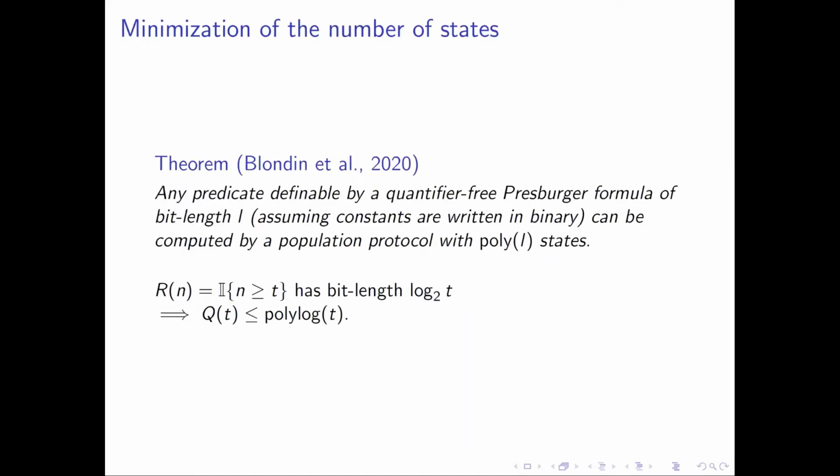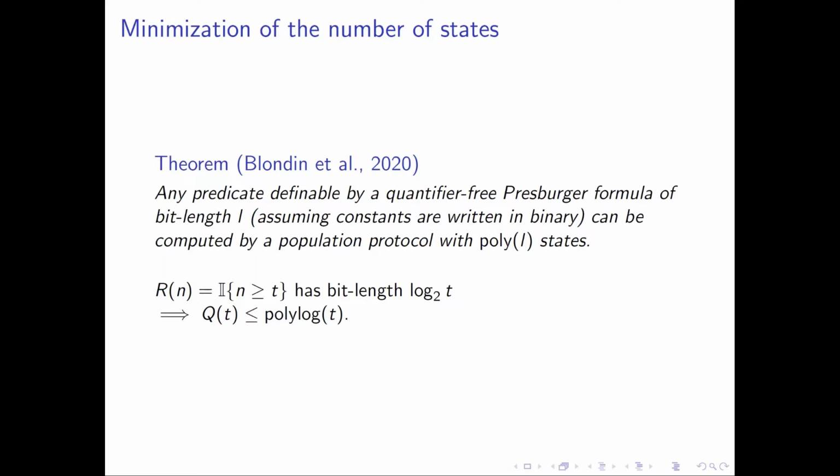I would like to mention one general result due to Blondin et al. It states that it's kind of a quantified version of the Angluin et al. characterization. It states that any predicate definable by a Presburger formula, quantifier free, so there are no quantifiers, but can have logical connectives, and it can have addition, comparison, and even modular gates, in fact, and it also has arbitrary constants, and constants are written in binary.